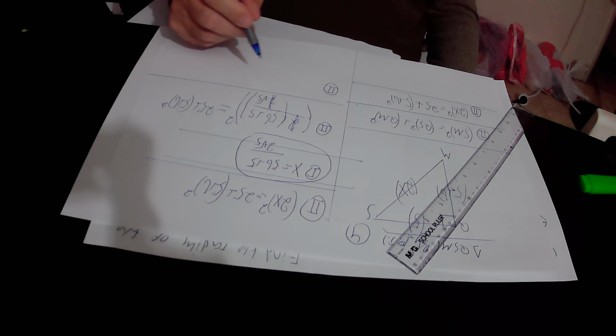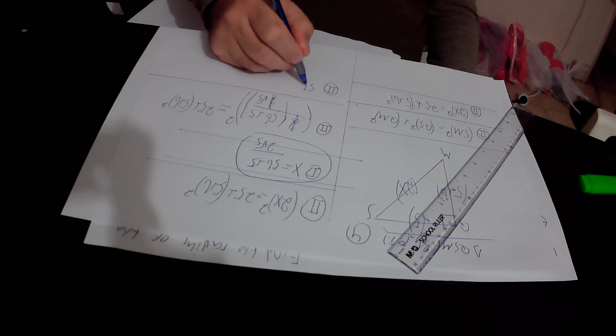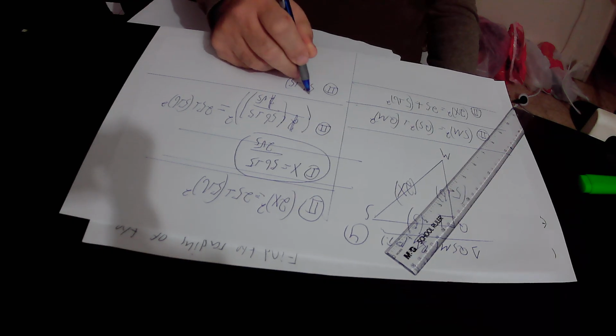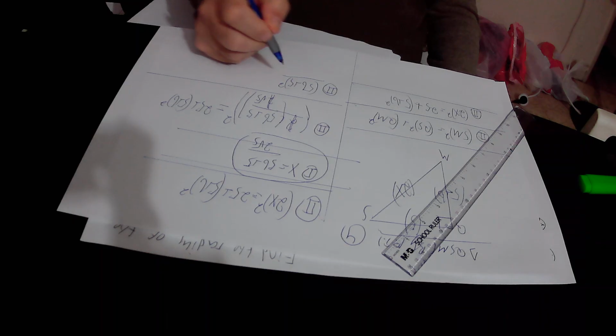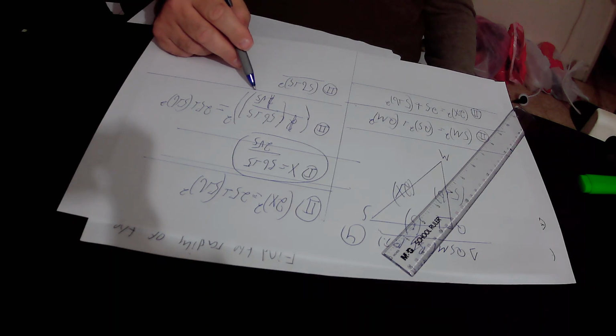In the numerator we have 5b plus 5 squared, over, in the denominator, we have square root of 5 squared. Square root of 5 squared is 5.